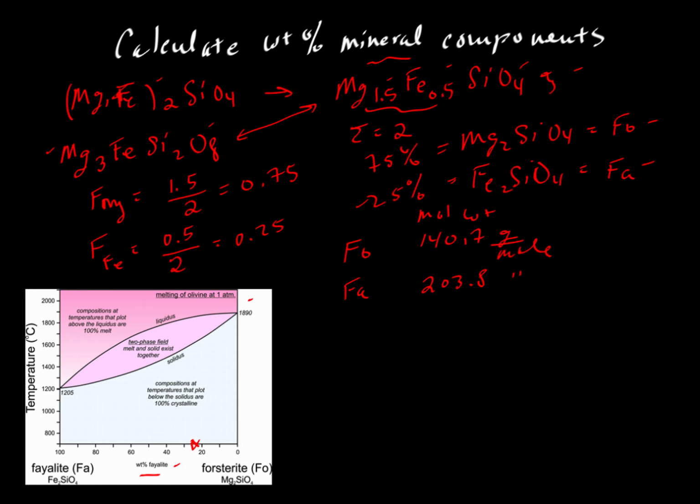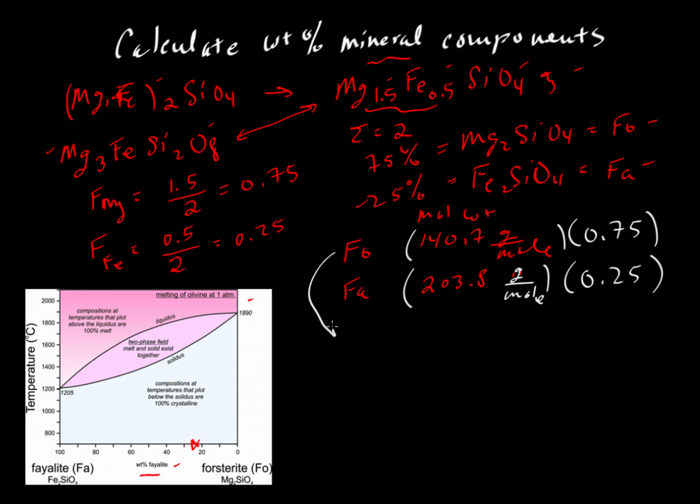If we want the weight percent of fayalite, we can get the weights of both by taking the molecular proportions and multiplying them by these weights. So we will take this one here and multiply it by 0.75. We have 75% atomically forsterite, so we'll multiply that by the weight. And we'll do the same thing here. We'll take 203.8, those are just ditto marks. This is also grams per mole, and we'll multiply that by 0.25.